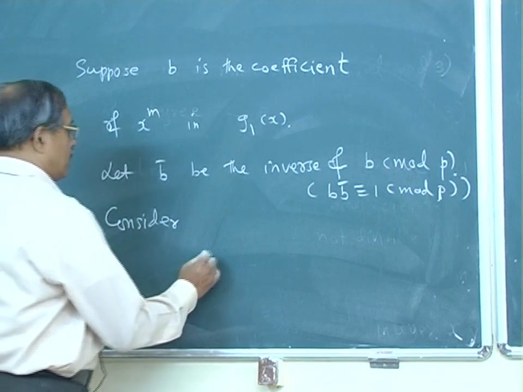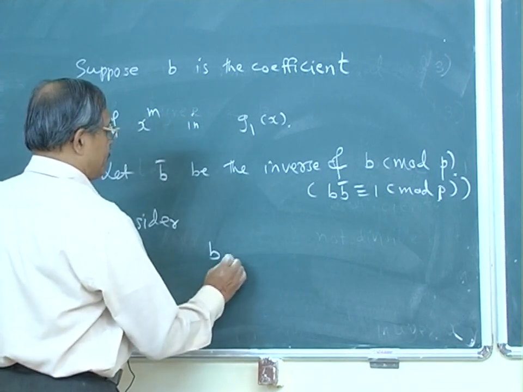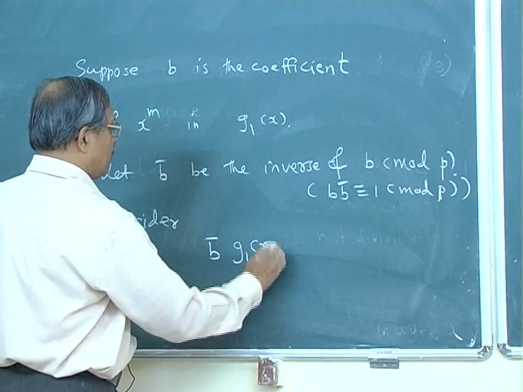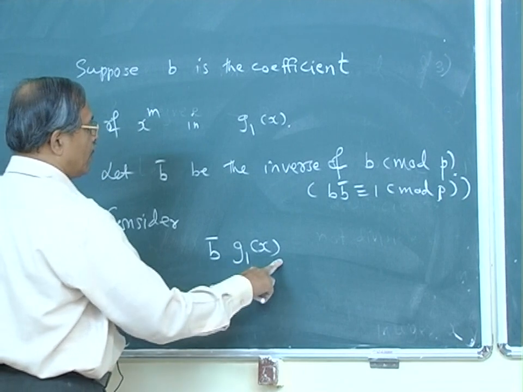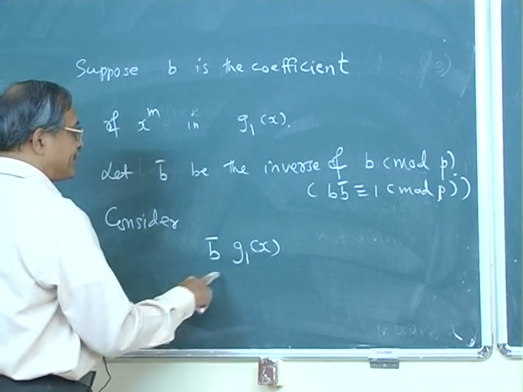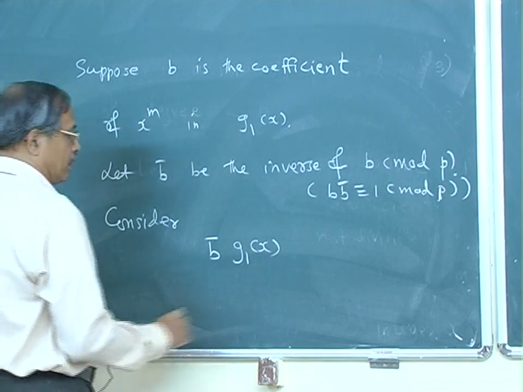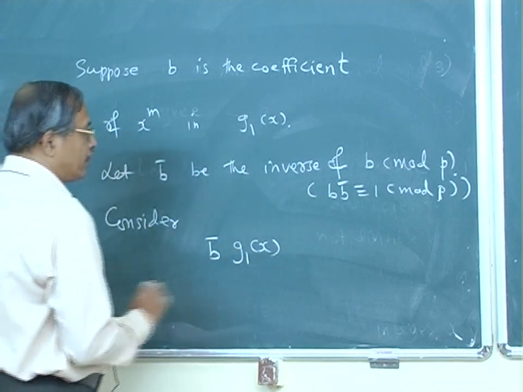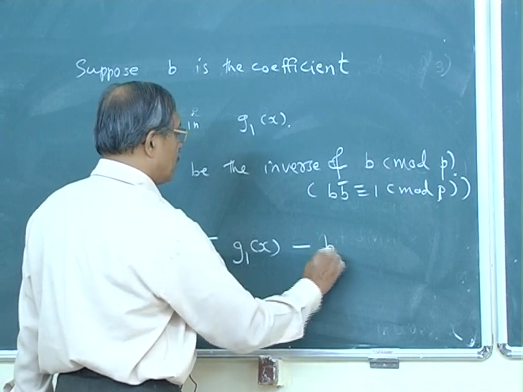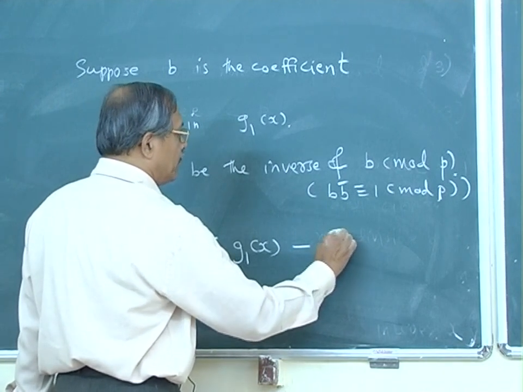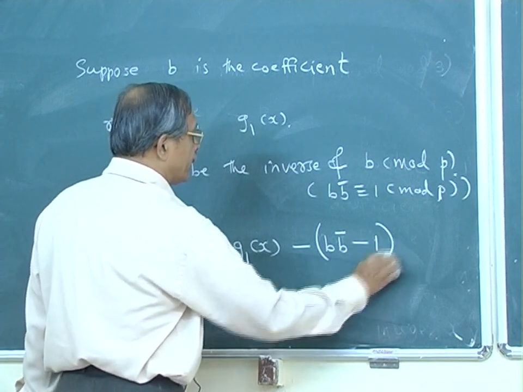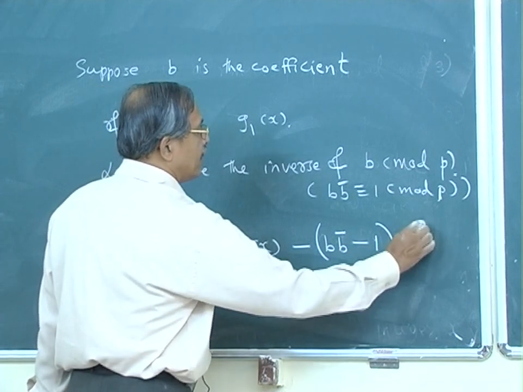So consider b bar times g1(x). Now here what is the leading coefficient? It is b bar. But we don't want b bar as the leading coefficient. So we subtract (b bar minus 1) times x raised to m.